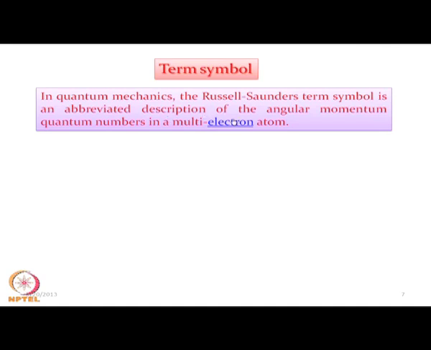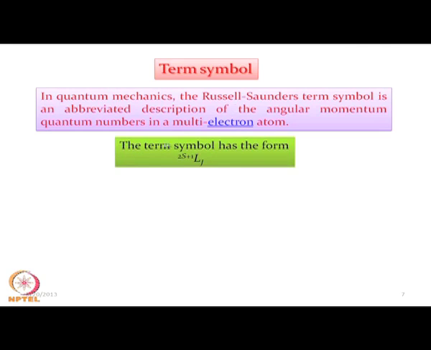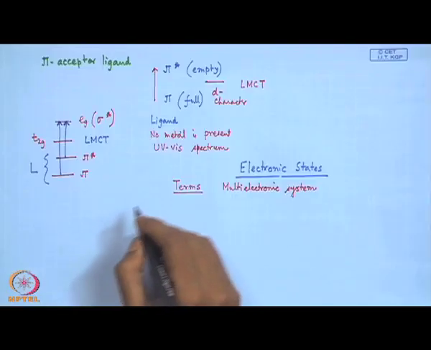How do we find the total angular momentum of a multi-electronic system, and how do we define the spin values? That can be known from this coupling scheme, known as RS coupling or LS coupling. We define the term symbol in the form of 2S plus 1, where S is the total spin value, and L value and the J value coming from the coupling between L and S. This is known as the Russell-Saunders coupling.